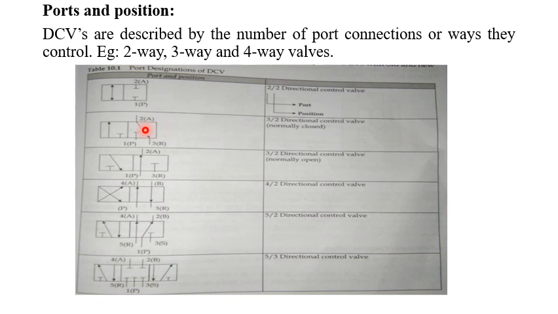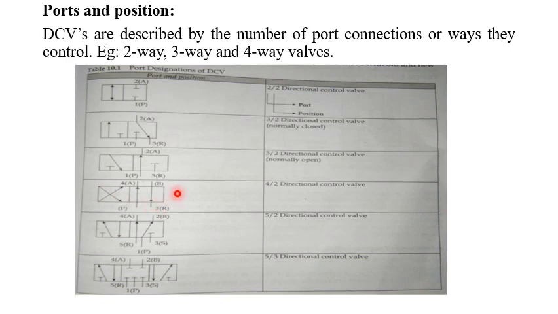In this one, the initial condition is that the pump port is blocked, so we say it is normally a closed valve. The pump port is not allowing supply to the system, so it's a normally closed state. We call this a 3 by 2 normally closed valve. Here, 1 to 2 gets connected, so we call this one normally open: a 3 by 2 normally open type of valve.